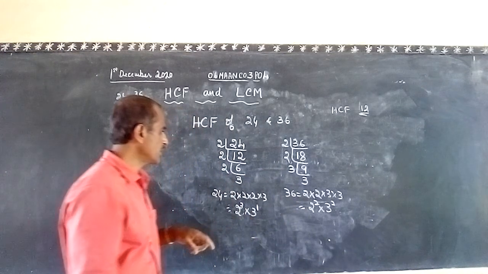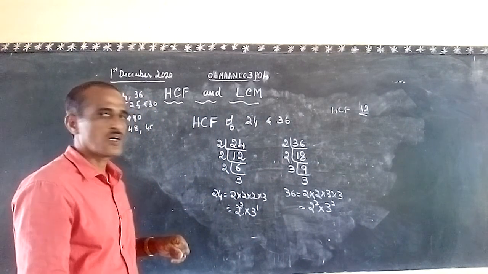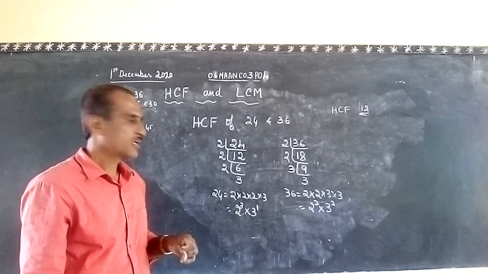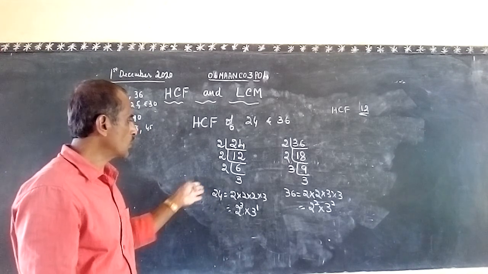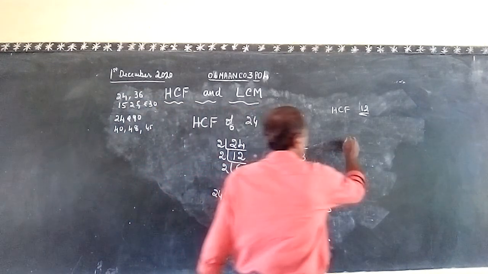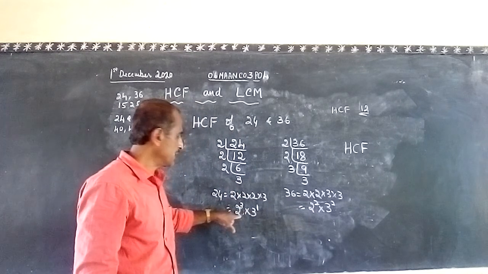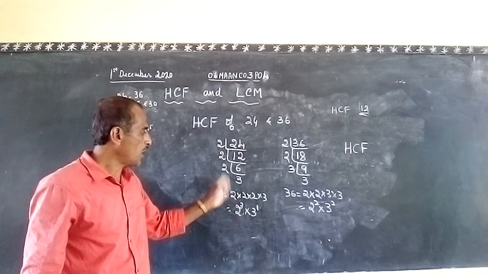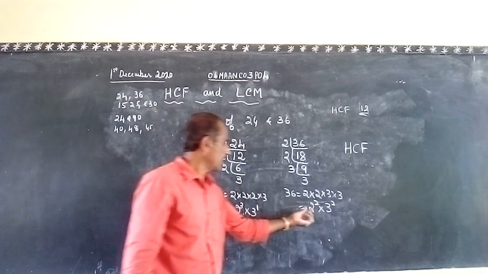Okay. Now look at these prime factors: 24 is 2 to the power 3 into 3 to the power 1, and 36 is 2 to the power 2 into 3 to the power 2. To find the highest common factor, what you have to do is, if you write in this form, where the numbers are common, for example 2 is a common number, but here the power is 3 and here the power is 2.